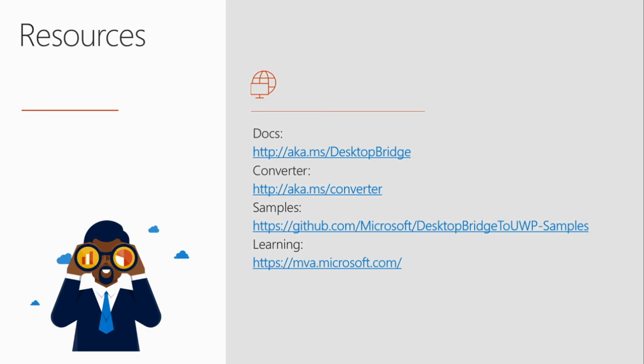Feel free to use them to enhance your apps or to even do the migration scenario that I showed you earlier. And if that's not enough, we've done a full course of, I think, more than 6 hours of video content available on Microsoft Virtual Academy, and the link is available for you there. This will be published after the session.